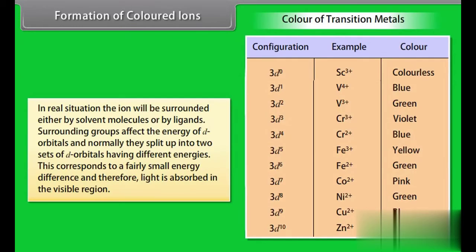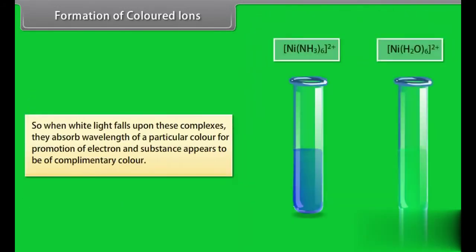Surrounding groups affect the energy of d orbitals, and normally they split up into two sets of d orbitals having different energies. This corresponds to a fairly small energy difference, and therefore light is absorbed in the visible region. So, when white light falls upon these complexes, they absorb wavelength of a particular color for promotion of an electron, and the substance appears to be of the complementary color.